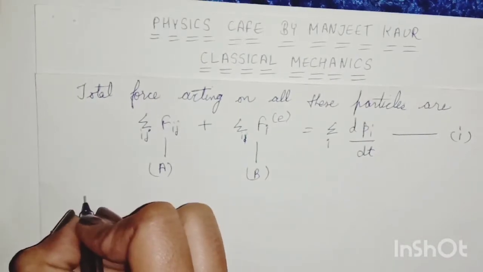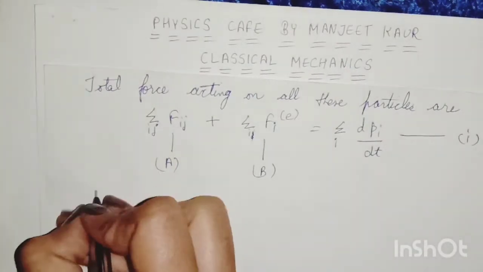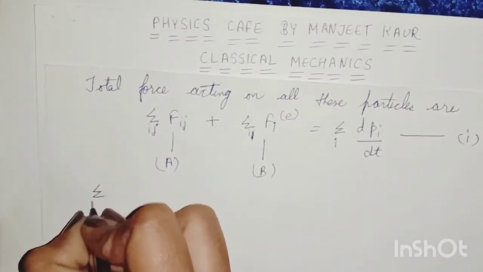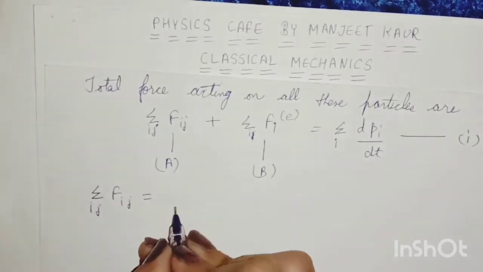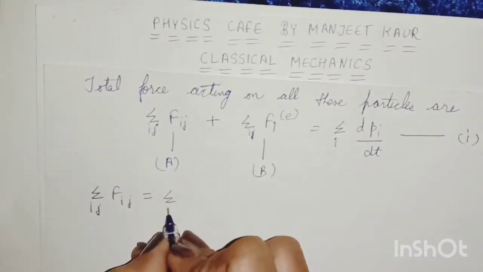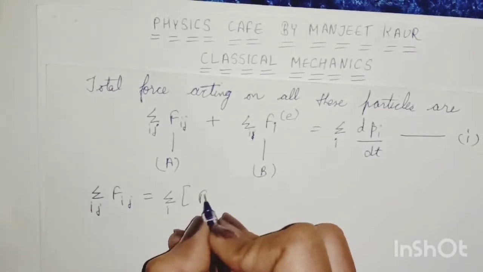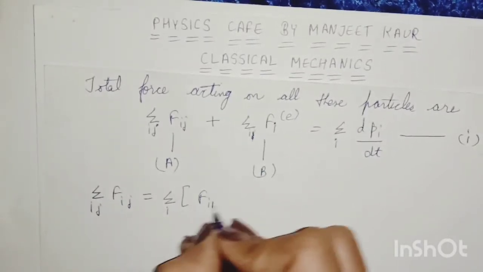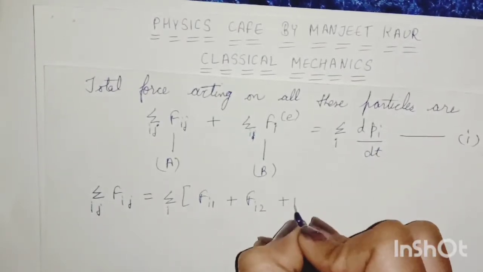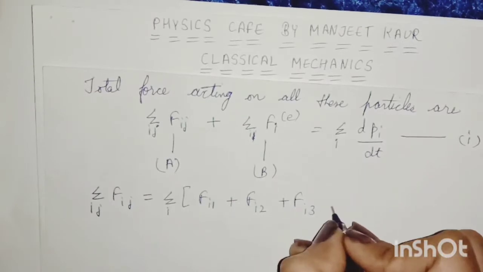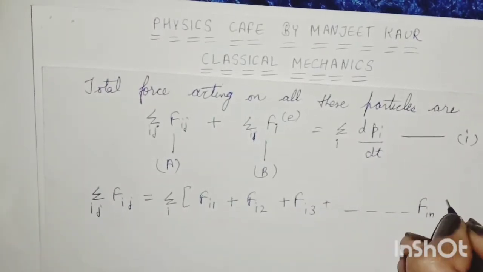Now first we solve A. So we write summation over i, j of Fij equals summation over i of the bracket Fi1 plus Fi2 plus Fi3 and so on up to Fin.